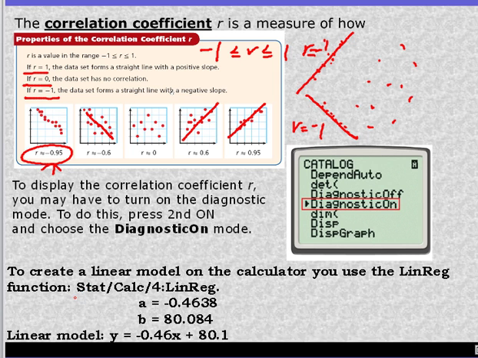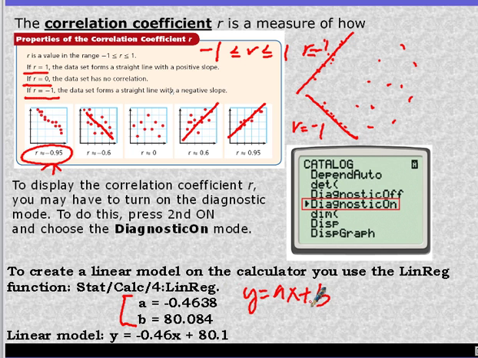And for the data that I just talked about, the Sydney and Albany temperatures, if I entered those lists into my calculator, did my linear regression, it's going to give me a and b as these. This is what you plug into y equals ax plus b. So this is your slope that you would plug in here. This is your y-intercept. So this gives you your linear regression model, which is just the equation of the line of best fit for that data.